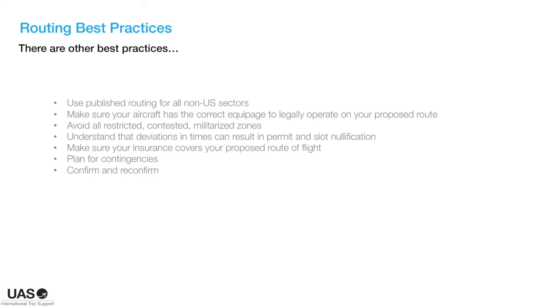So please tell your passengers that in many of these places they need to be on time and you need to stick to the proposed schedule. Make sure your insurance covers your proposed route of flight. Plan for contingencies, confirm and reconfirm. So now let's start talking a little bit about one of the more popular contingencies.